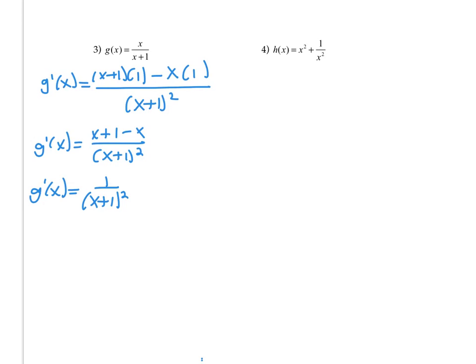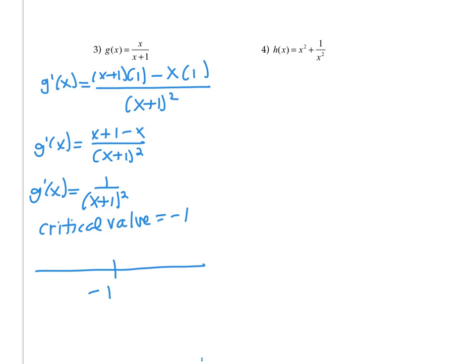So there's no place where the derivative is equal to 0, but there is a place where it's undefined, and it's undefined at x equals negative 1. So our critical value is negative 1. That makes it pretty easy for the graph because we only have two intervals to check. We have from negative infinity to negative 1, and then negative 1 to positive infinity.